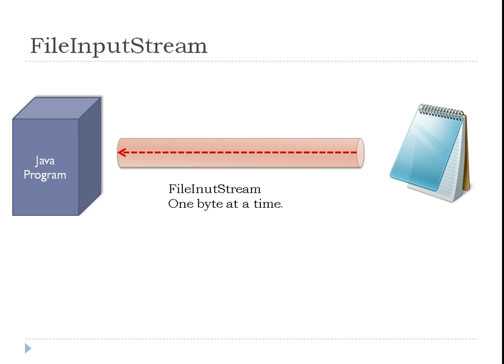So this scenario will look like this: when we create a file input stream, this is the connection, 1 byte is flowing at a time. So this is the case, 1 byte at a time. If the file size is in GB, this read operation will take a huge amount of time.